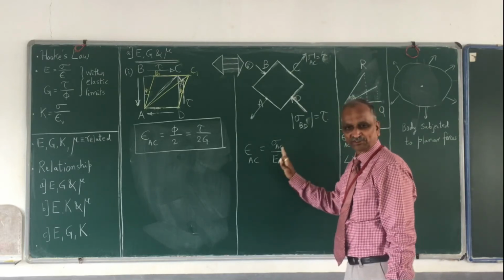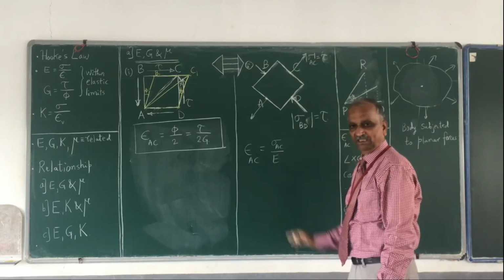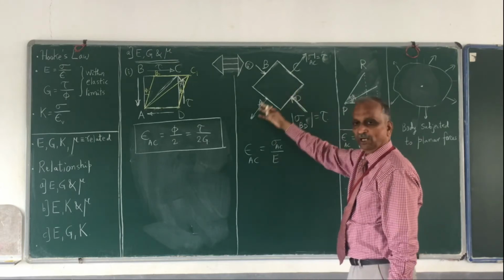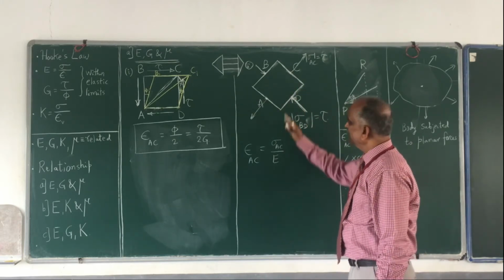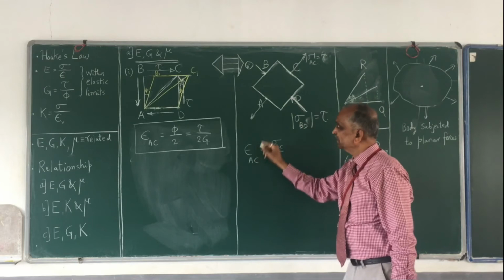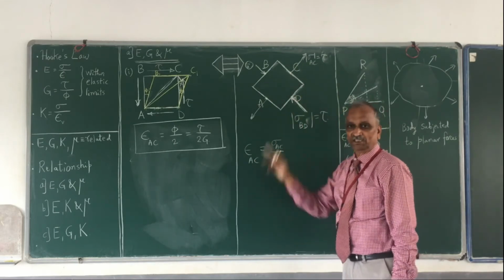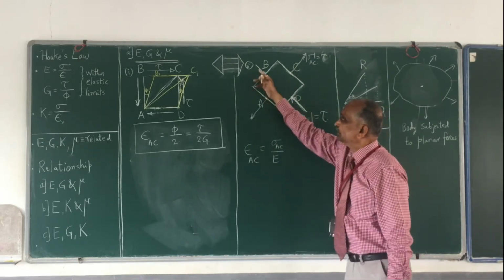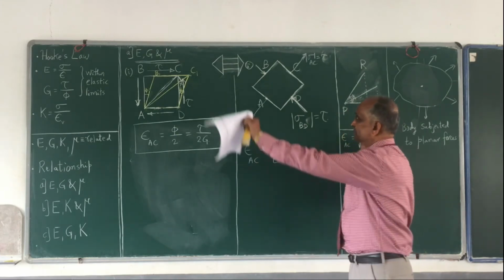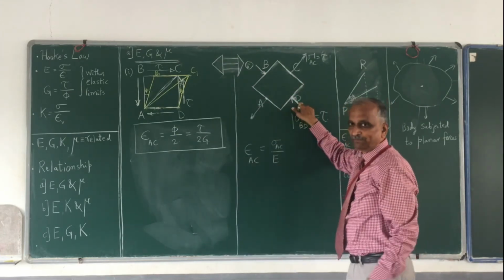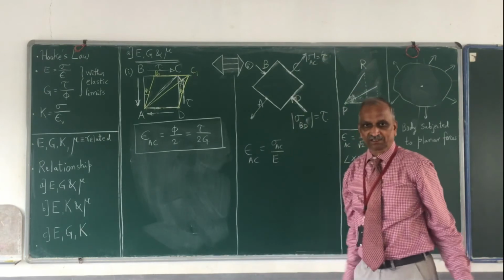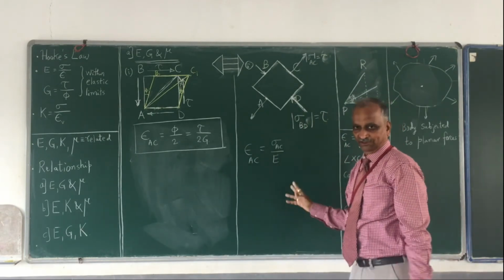AC is only suffix, sigma along AC. Then I am interested in the strain in the direction AC. I also have strain because of the sigma BD, the strain due to sigma BD in the direction AC. Is it plus or minus?